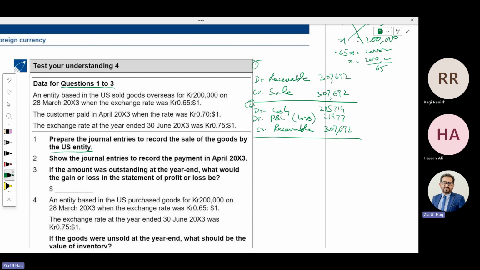This means you need to reduce the receivable by how much amount? 41,025. Where will that be charged? The sale will remain the same. Can you understand questions 1, 2, 3? Easy.